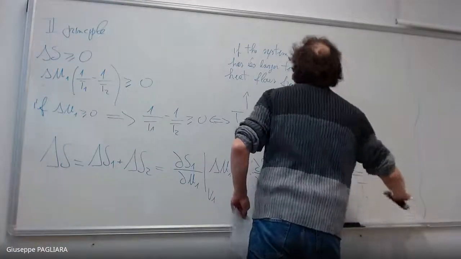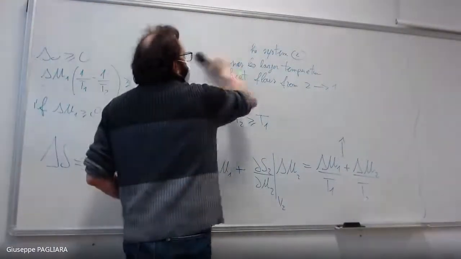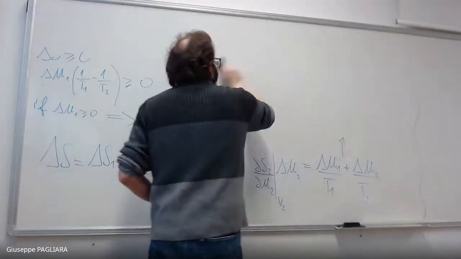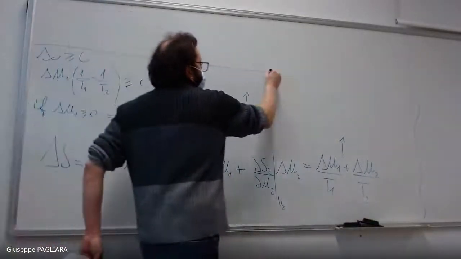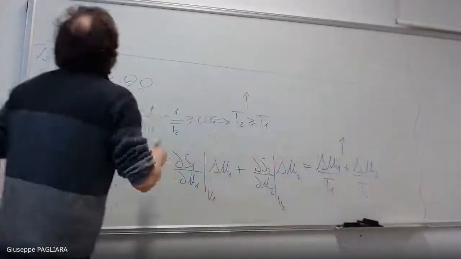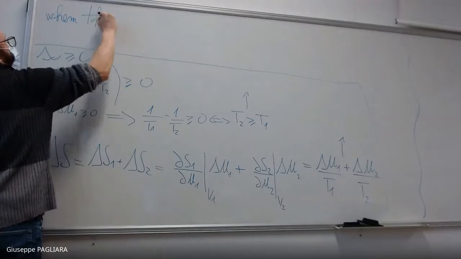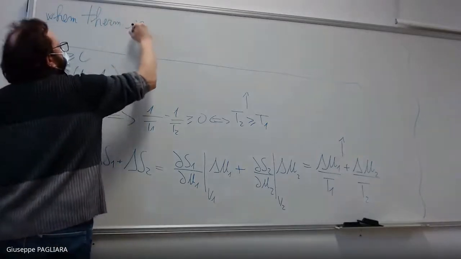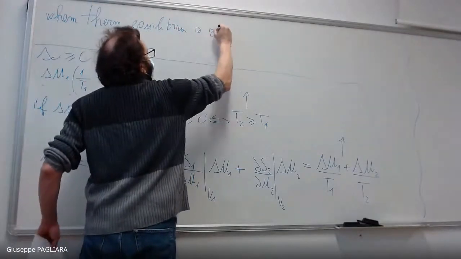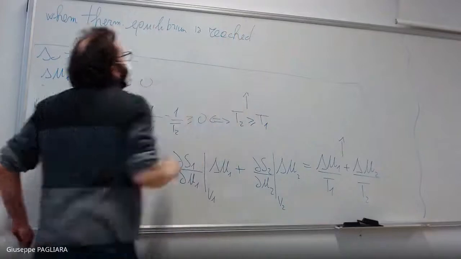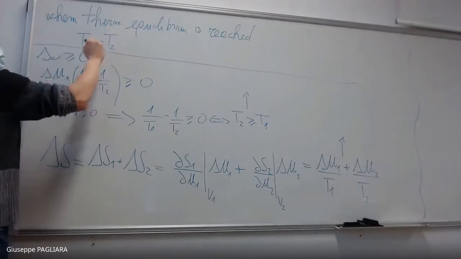Now, what happens, of course, when the system at some point reaches thermodynamical equilibrium? When I reach the thermodynamical equilibrium, T1 will be equal to T2.